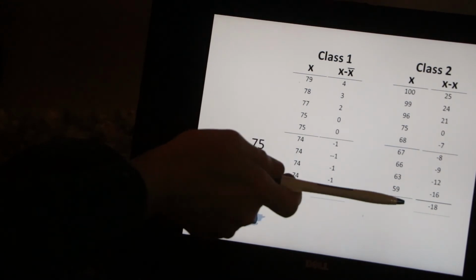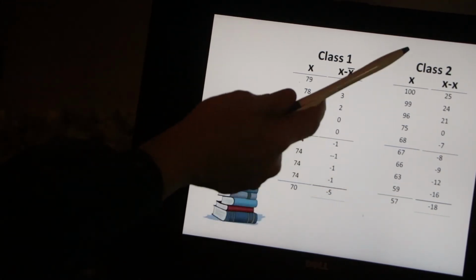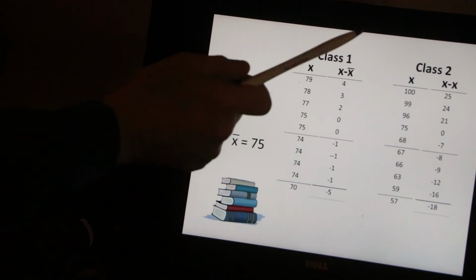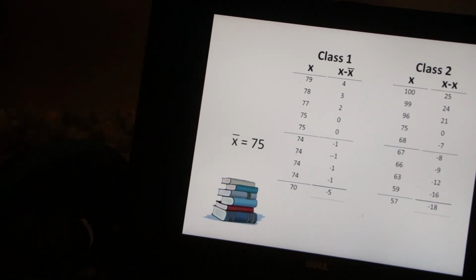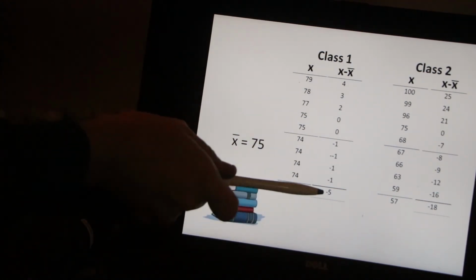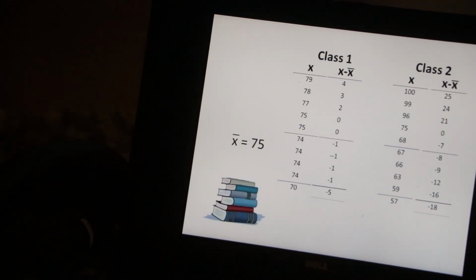Whereas over here, when you subtract the mean from these scores, you have very big values, because 100 minus 75 is 25. Obviously the only one that's going to be 0 is the one that's right on the mean. So what we want to do is take an average of all these to give us a sense of the overall difference of all the scores from the mean.